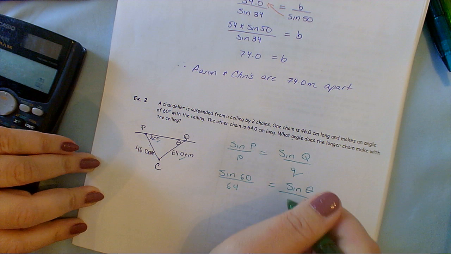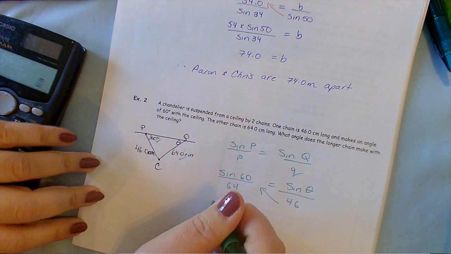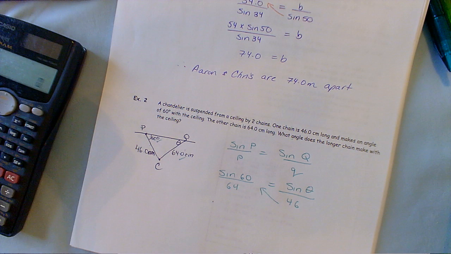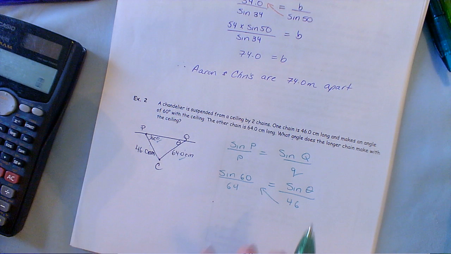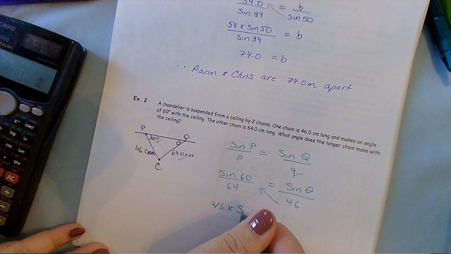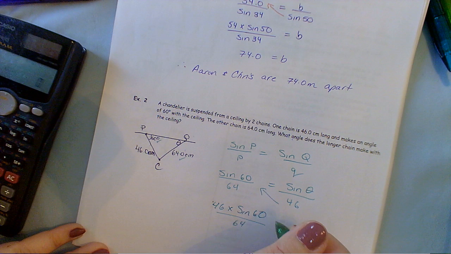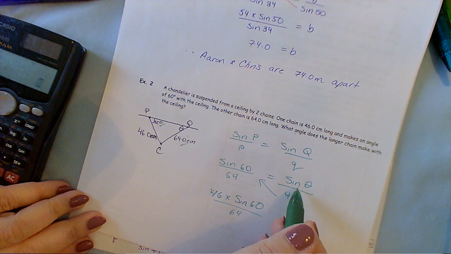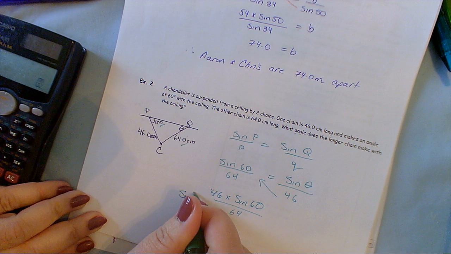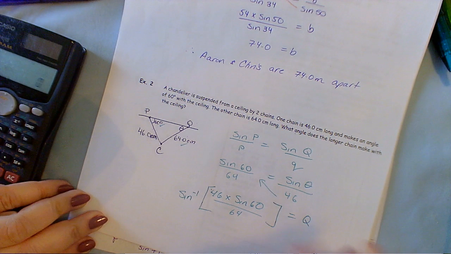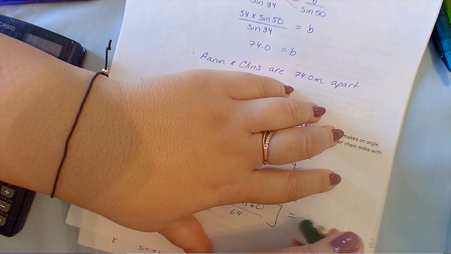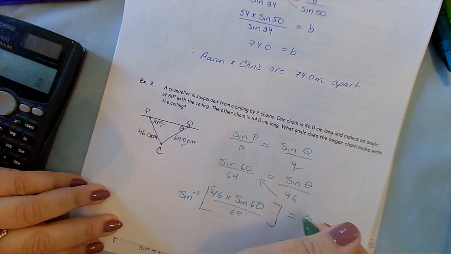And then you're going to bring that up and multiply on the other side. And like I had shown you before, you're going to bring the sine to the other side just to get it all done at the same time so it doesn't take you another line to isolate for theta.